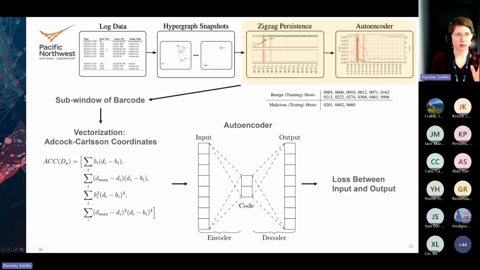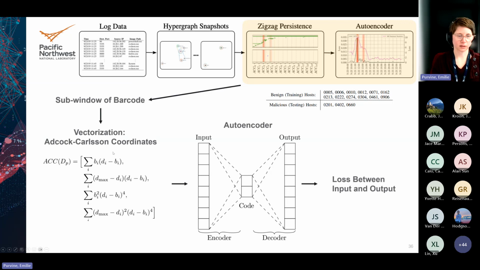So we took log data, we created hypergraph snapshots from it. So for every IP address on every host, we created temporal snapshots of hypergraphs. We got a zigzag persistence barcode, and then we took that barcode and we took small sub-windows of that barcode, created a vectorization.